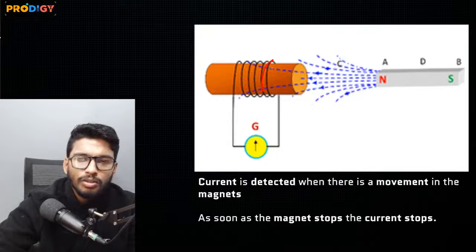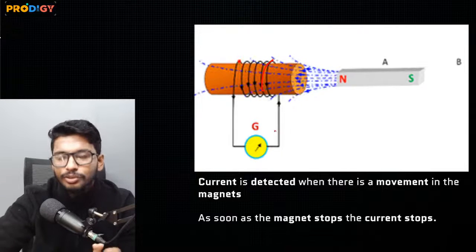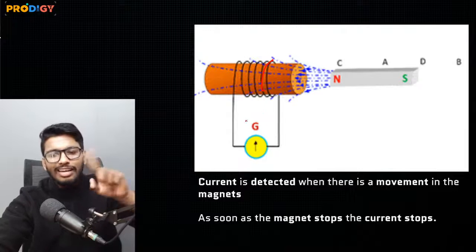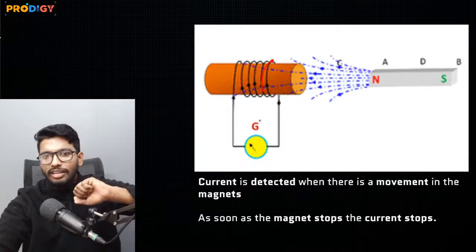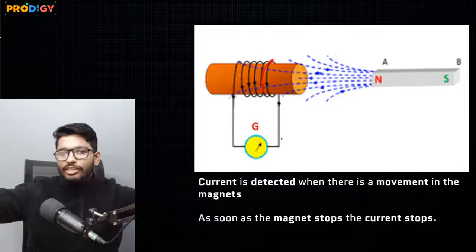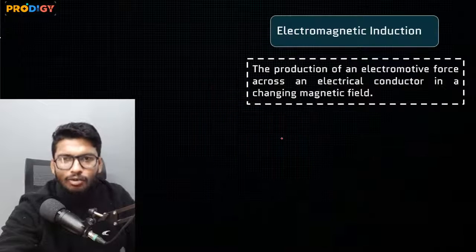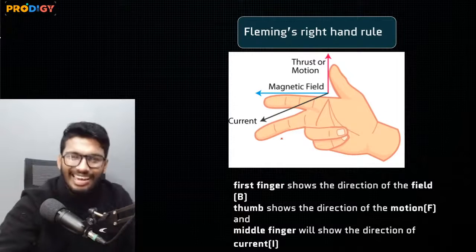Because of that interception, there is a current induced, or a voltage induced in this circuit, and that is why the galvanometer starts to deflect. Now if you look at the direction of the deflection, that also changes with the direction of the magnetic field. Now in order to find this out, we have Fleming's right hand rule here.